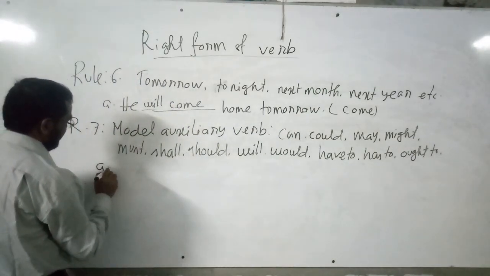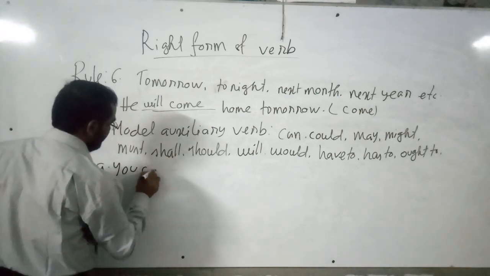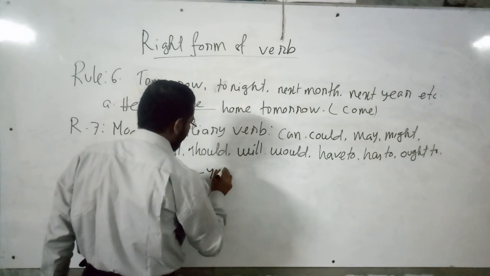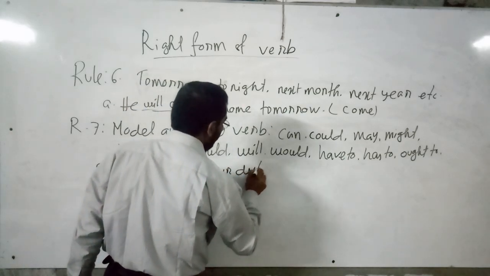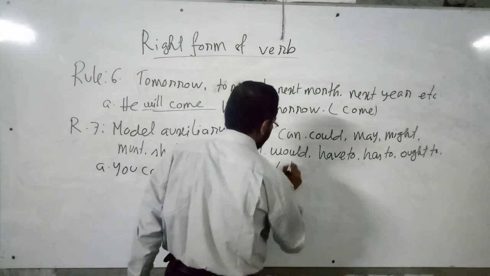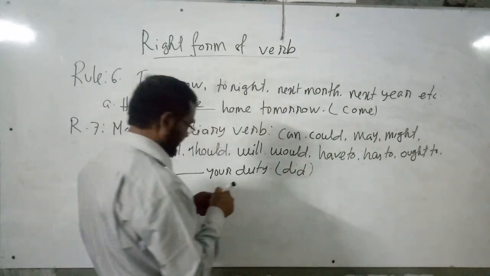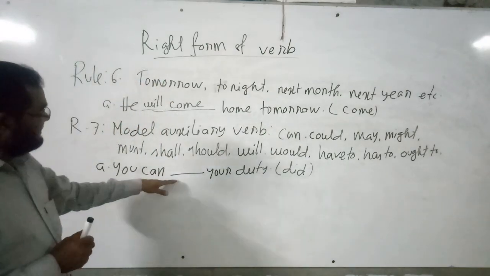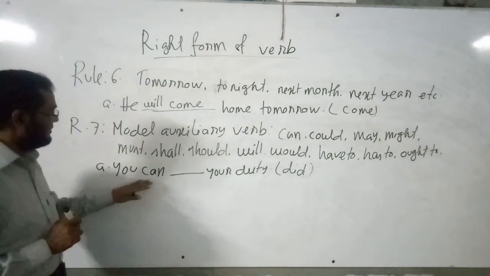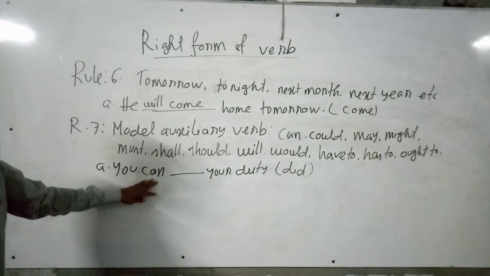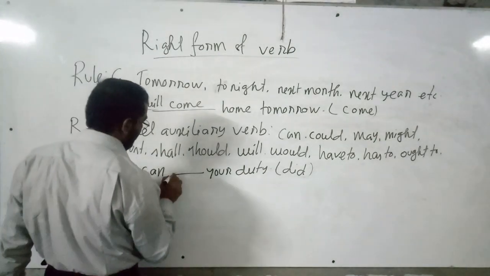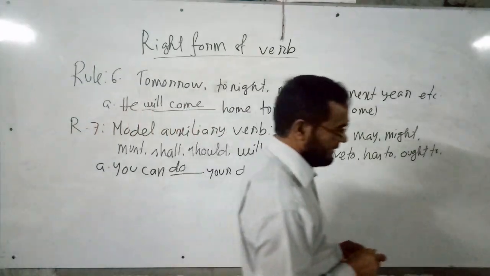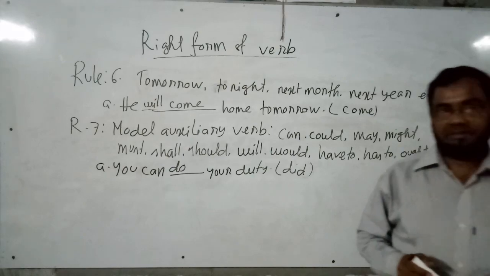That means, if you find the verb is in past form, in that case you will use the present form of the verb, because here can is a modal verb. You can do your duty. Okay? You can do your duty.